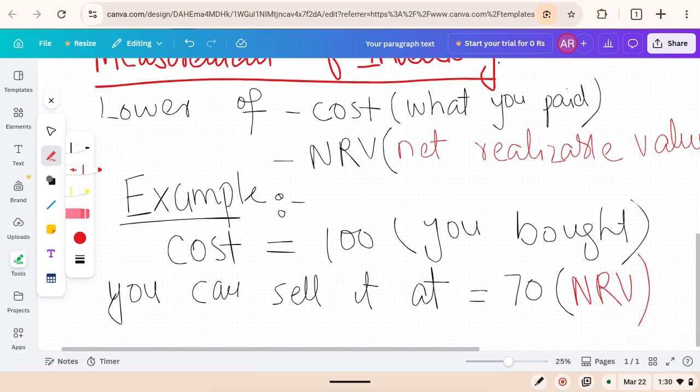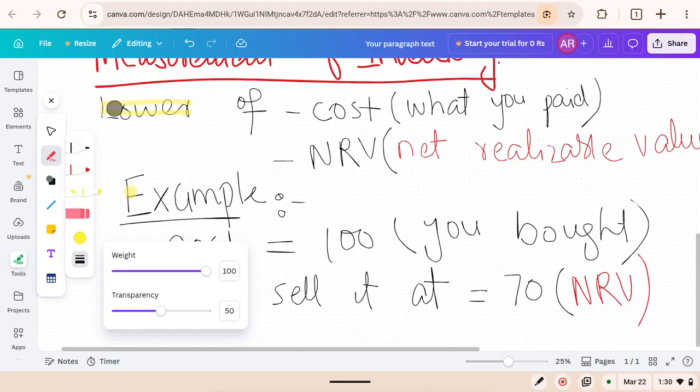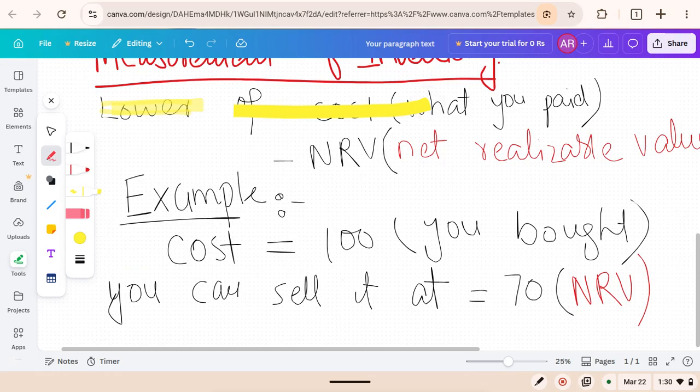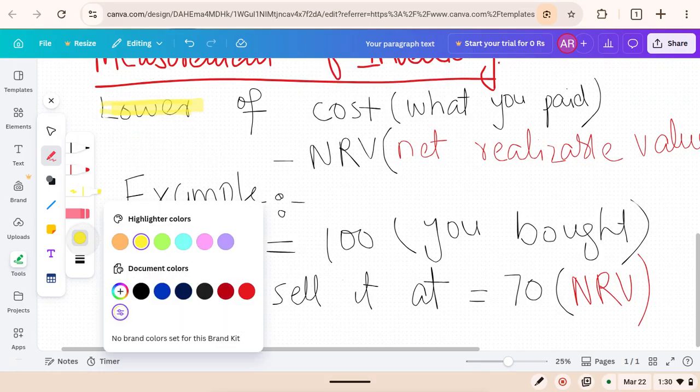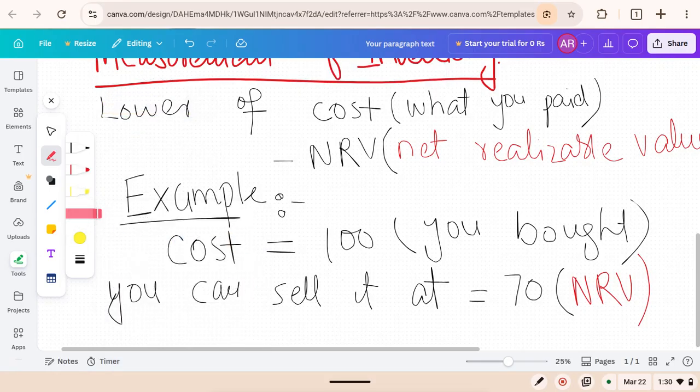Now you have to select the lower of cost or NRV. Remember this, the only thing you should keep in mind is lower of cost or NRV.